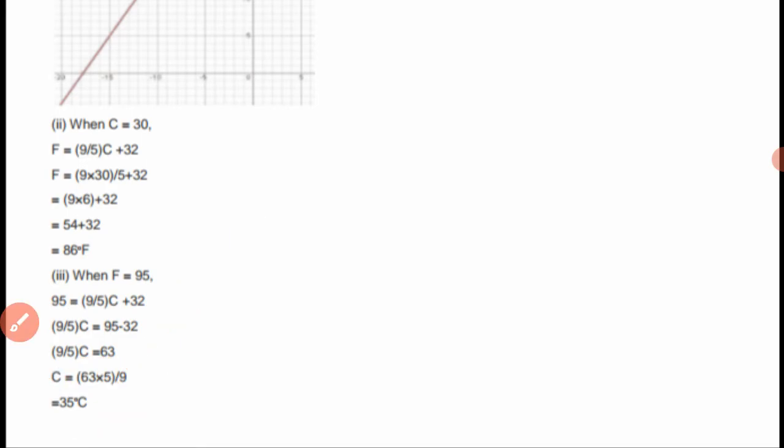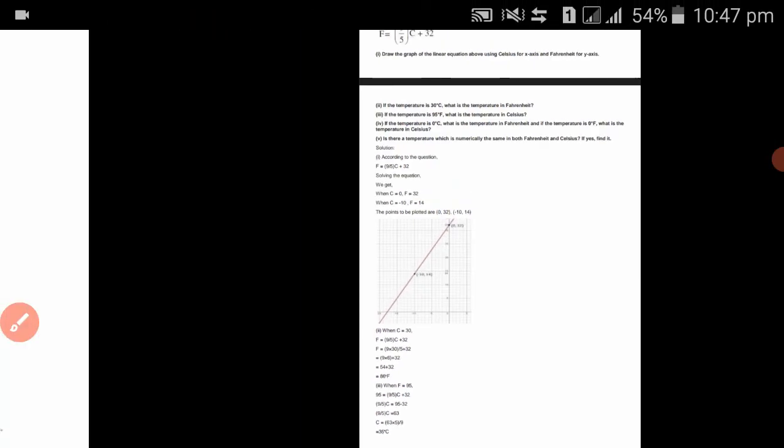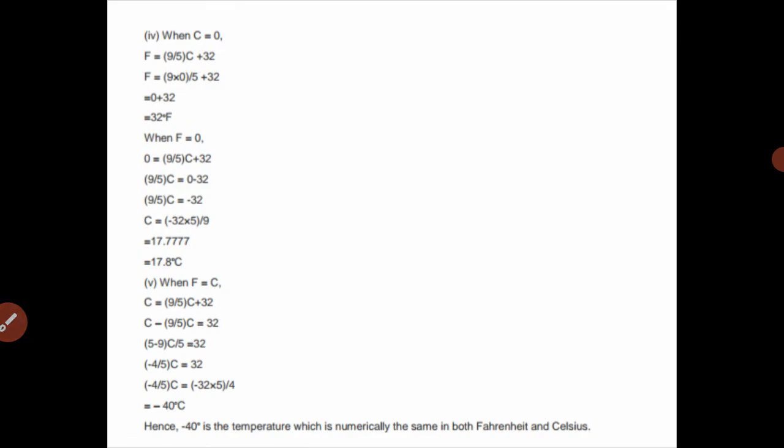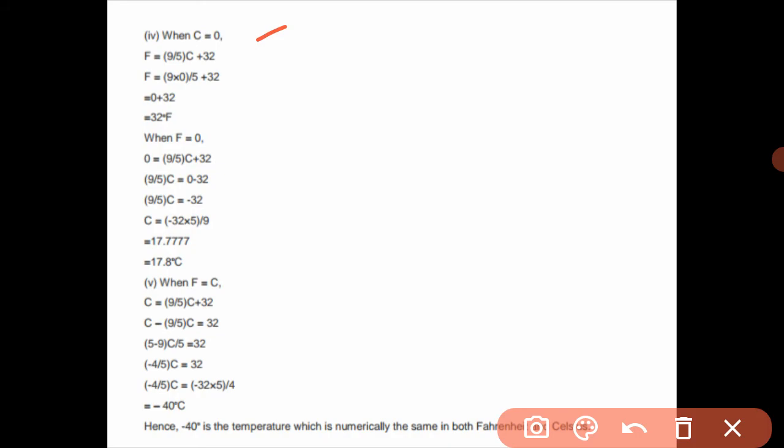Now after this, the next part. In the fourth part, we are given when Celsius is 0 degree, what is Fahrenheit. When we put the value of C equals 0, F will be equal to 32. And in the same case, when we put F equals 0, we can find the value of C. So C will be near about minus 17.8 degrees Celsius.